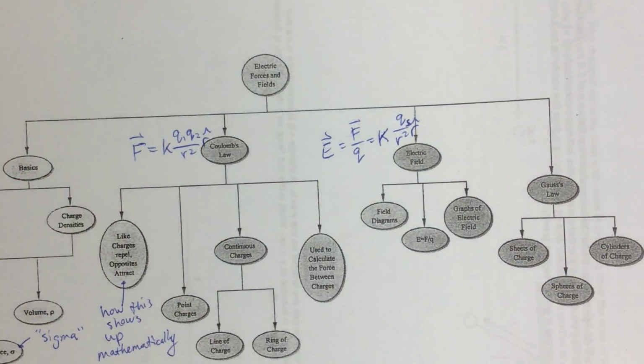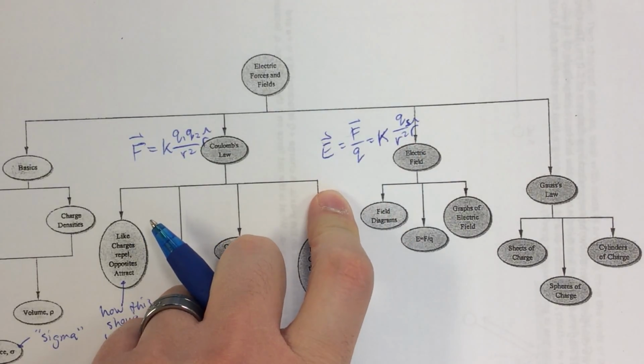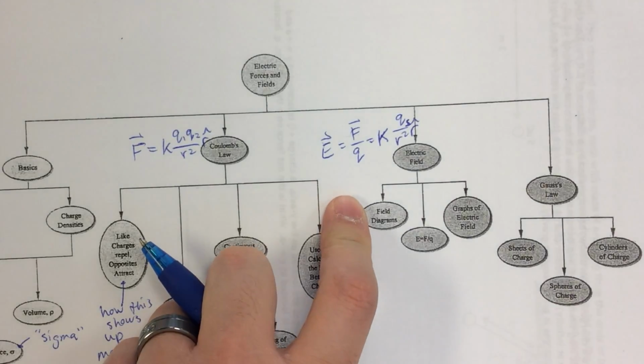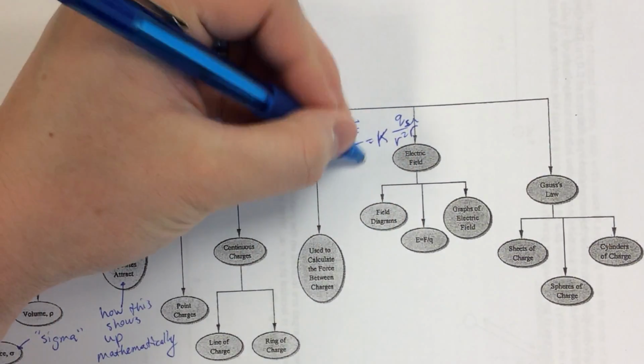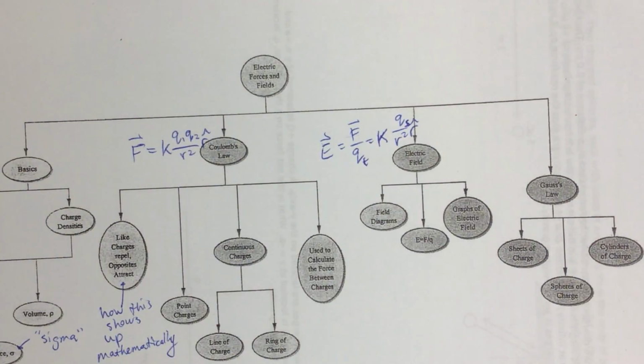Sometimes they'll use a capital Q and a lowercase q. So capital Q would be the main one, and lowercase q would be the test one that you put in the presence of the other one. But maybe you can use QS and QT, or however you want to do it. There's a test charge and there's a source charge. Source charge is the one you usually look at as being the thing that's creating the field, and then you put the test charge there, and the test charge moves around based on the presence of that field.